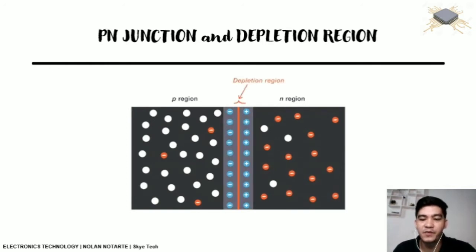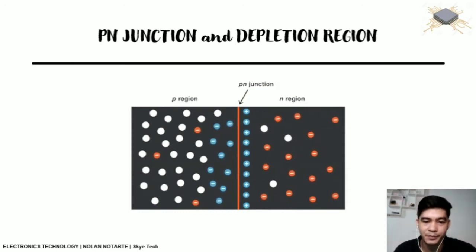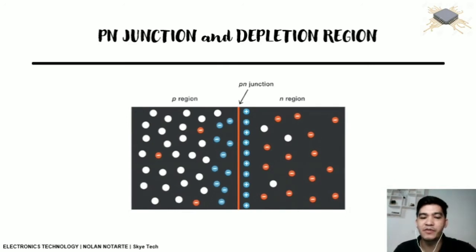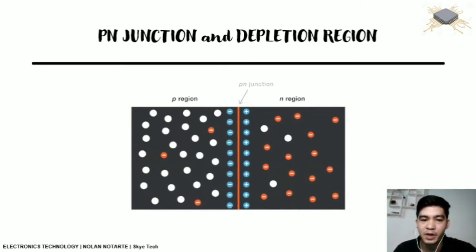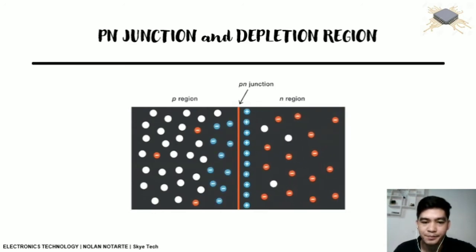Okay, nangyayari pa yung diffusion because imbalance yung number of protons and electrons on both sides, the P and N type semiconductor. At dahil dito, some of the negative charges from the N region will be attracted to the positive region and vice versa, thus creating a depletion region or barrier.